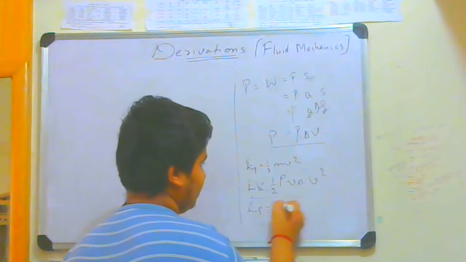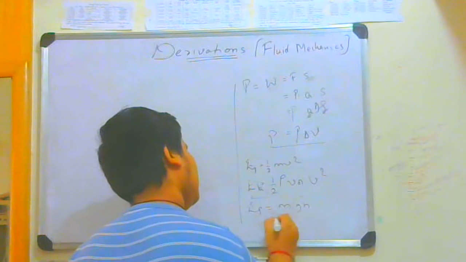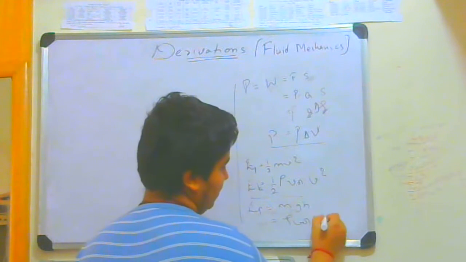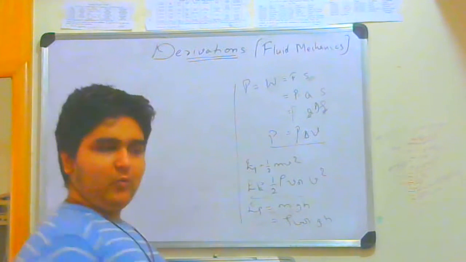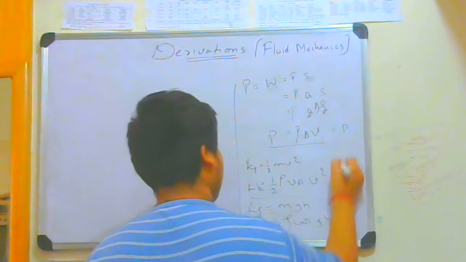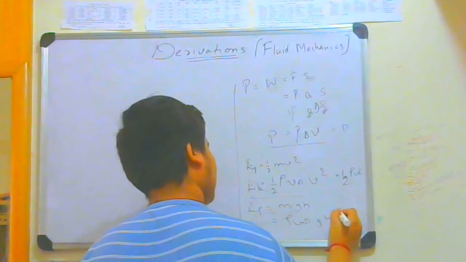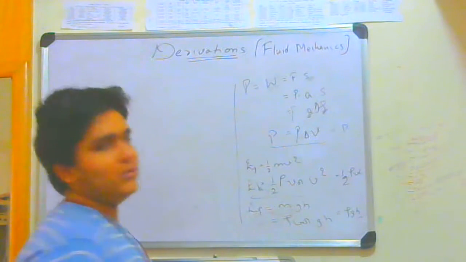Energy potential is given by mgh equals rho volume g h. So for unit volume, जो volume constant है, this would be P, this would be half rho v square, and this will be rho gh. When the volume is constant.